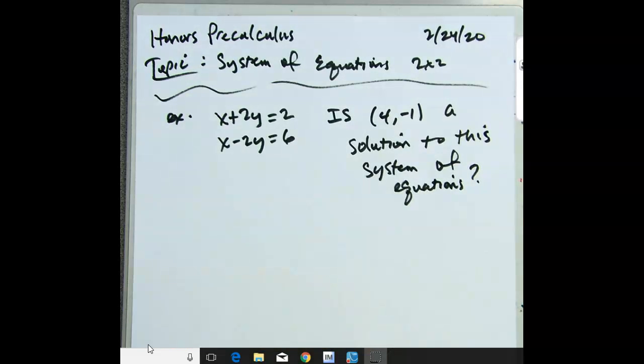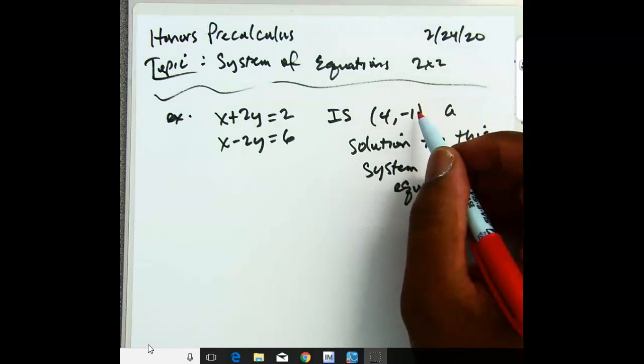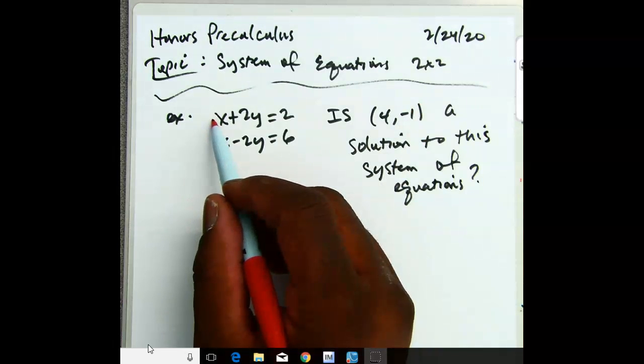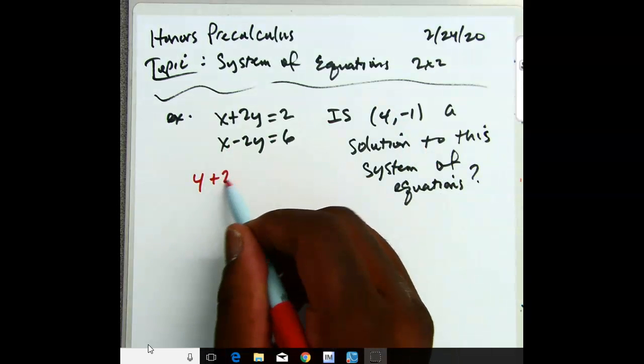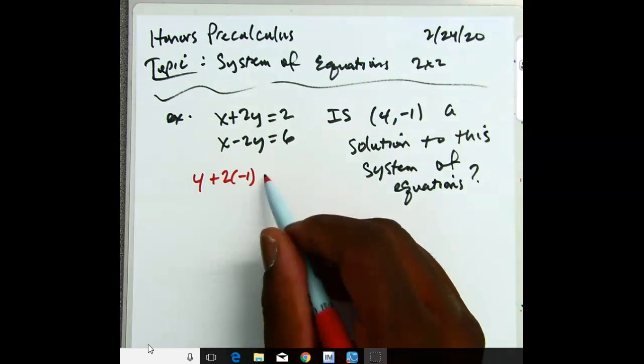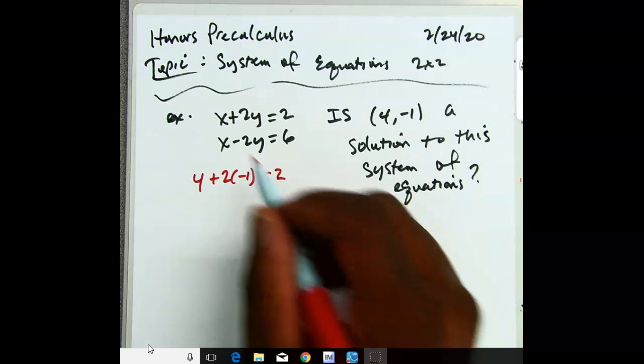So in order for 4, negative 1 to be a solution to the system of equations, it has to be true for both equations. So when x is equal to 4 and y is equal to negative 1, does it make equation 1 a true statement? So 4 plus 2 times negative 1, is that equal to 2?